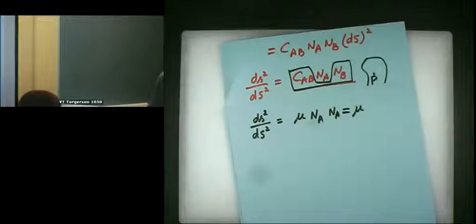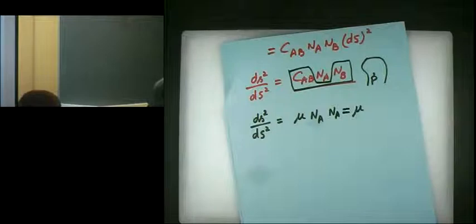Who said square? Yes, this is squares of principal stretches, ds square over big dS square, not ds over dS. Little ds over big dS is the principal stretch, but this is the square. So it's squares of stretches.